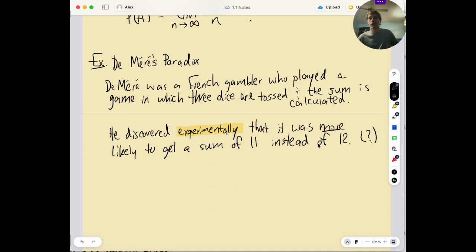Okay, so you might be thinking to yourself, I don't really know what the probability of getting a sum of 11 or 12 is. That's fine, but here is his reasoning why getting a sum of 11 and 12 should actually be the exact same. Here is his reasoning.